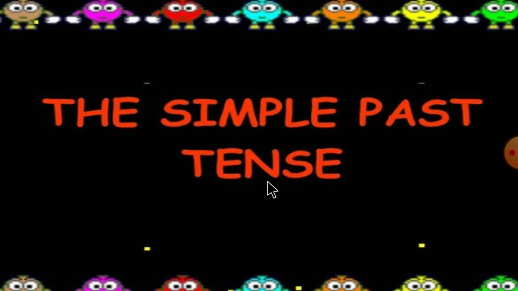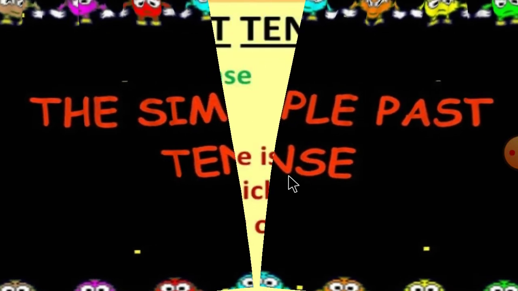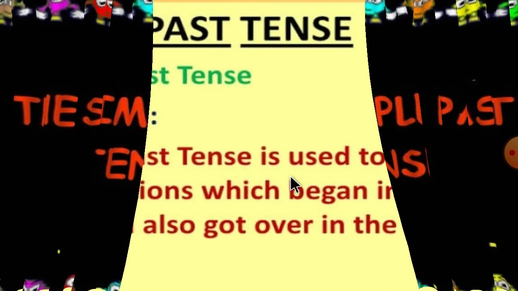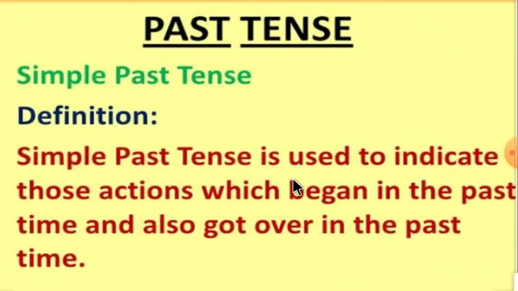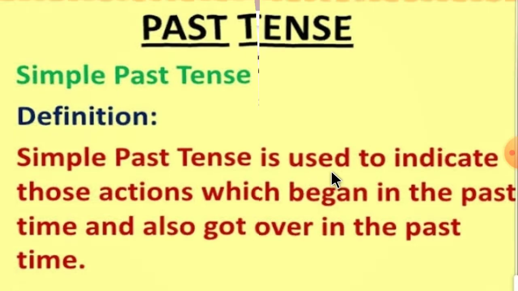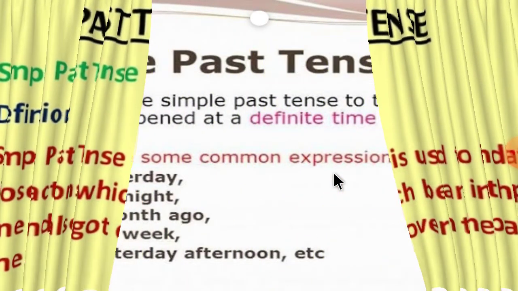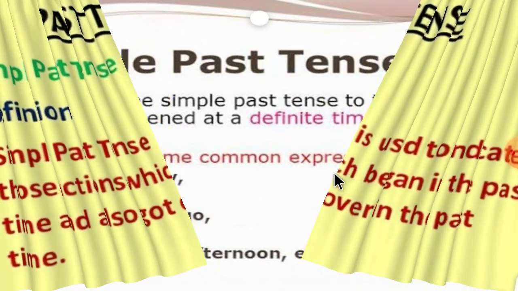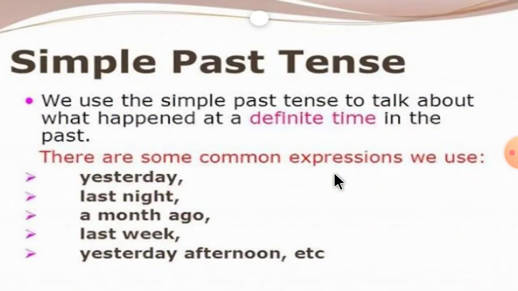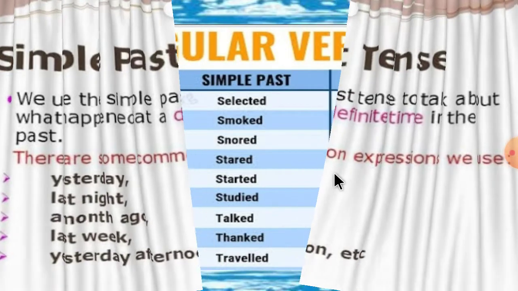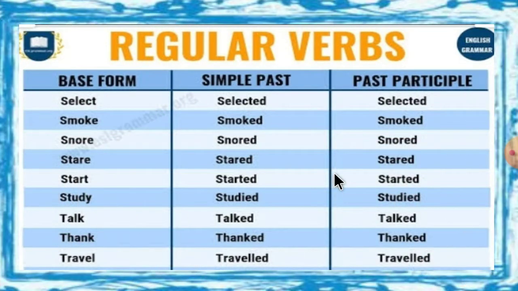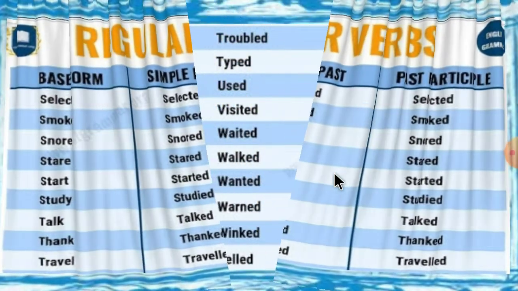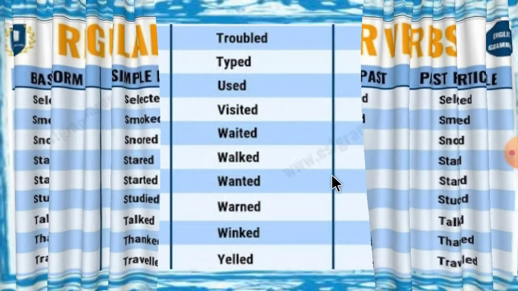and what is the use of the simple past tense. So let's see. The definition of the simple past tense. Then we learned which words we can use in the simple past tense. Then we completed regular verbs, how they change.